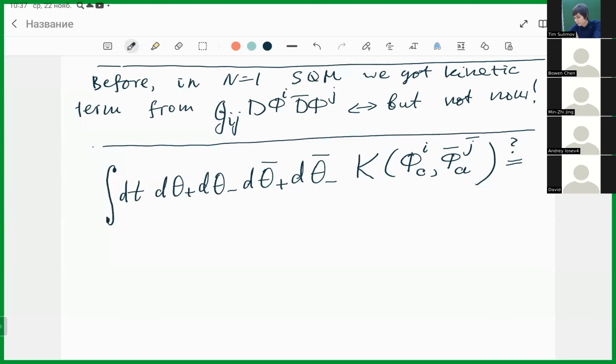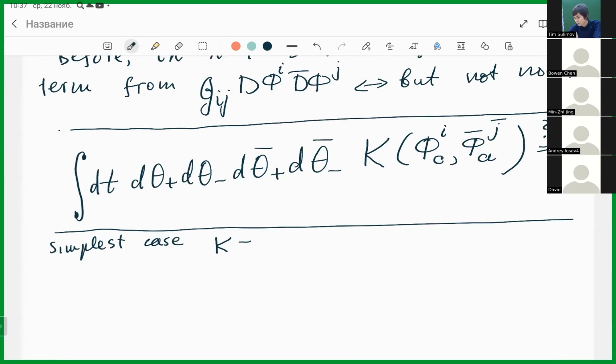So to get you the feeling what kind of term I can get, I will consider the simplest case. K equals phi C, phi A bar. I will definitely get, so I need 4 thetas.